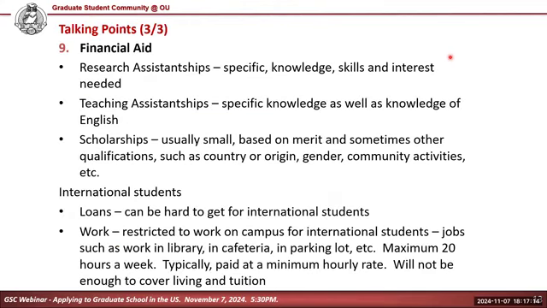Financial aid, research assistantships: this is tied to specific knowledge, skills, and interest needed. Teaching assistantship: specific knowledge as well as the knowledge of English. The knowledge of English is extremely important for a teaching assistantship. For international students, it is not going to be possible to get a teaching assistantship in the first semester.